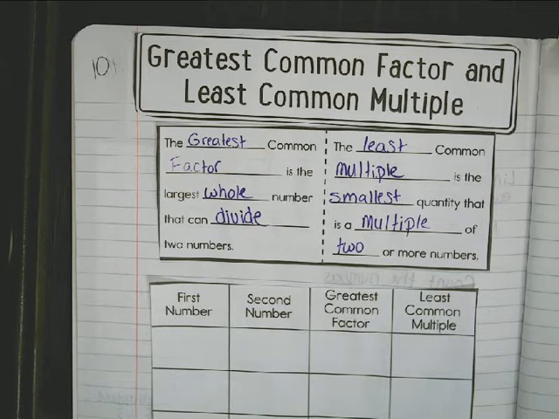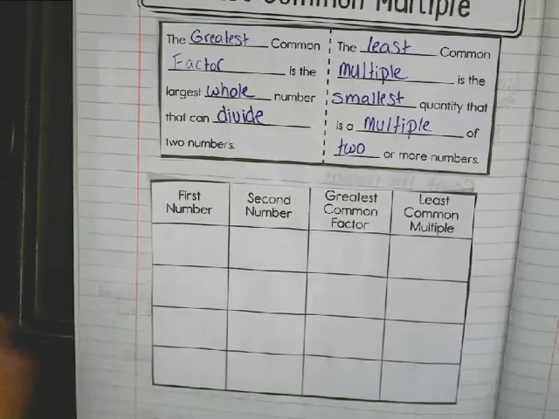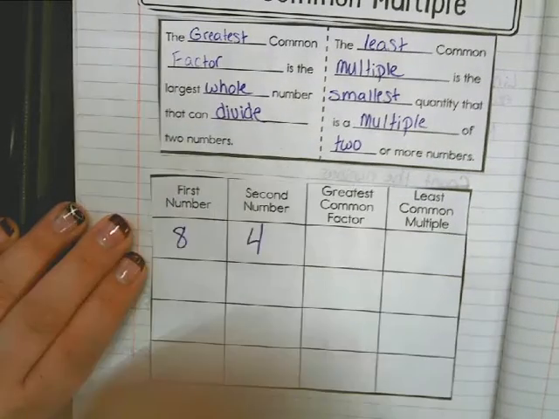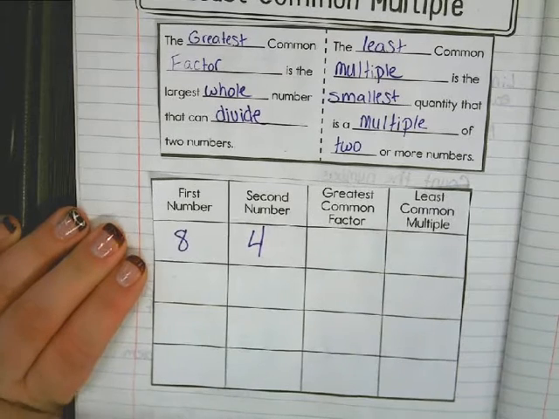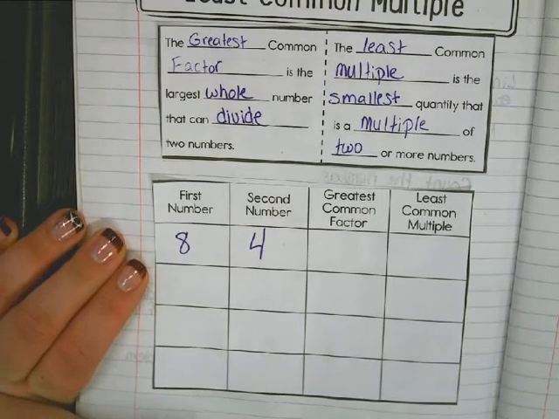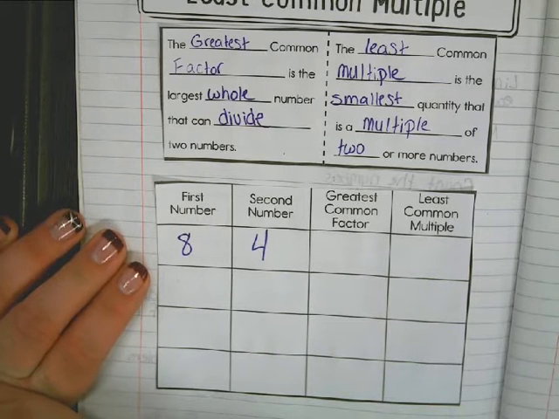Okay, under first number, I want you to write 8. Second number is 4. 8 and 4. So we're going to find the GCF and the LCM of these two numbers. Okay?